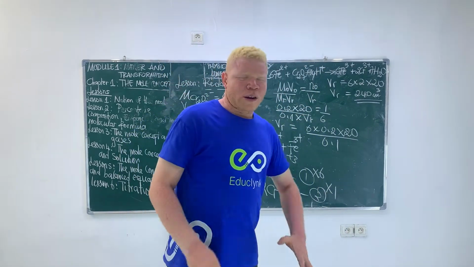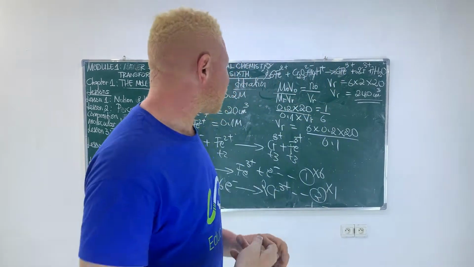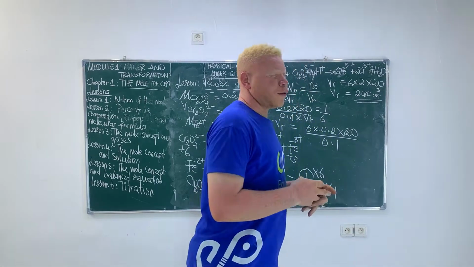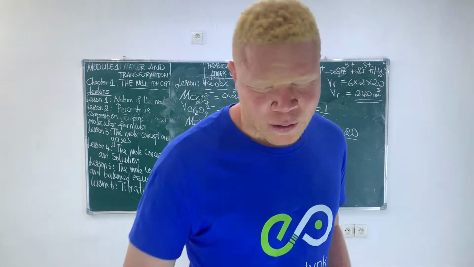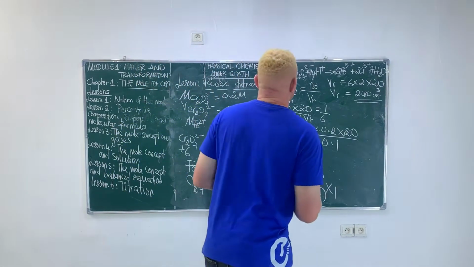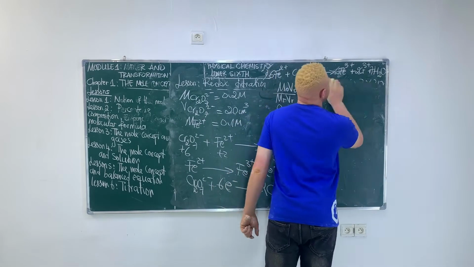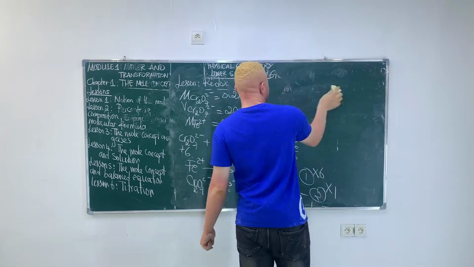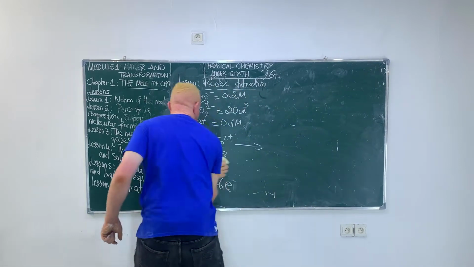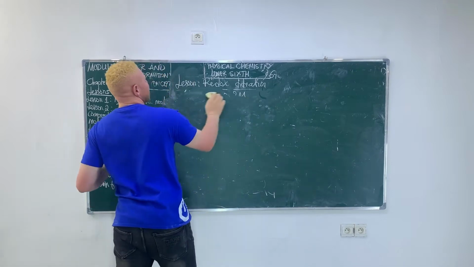So we're now going to go to the third part of lesson 3, which will be the last part of lesson 3. We're going to see precipitation titration. Whenever we're reacting a chloride with silver nitrate, there will be a formation of a precipitate.